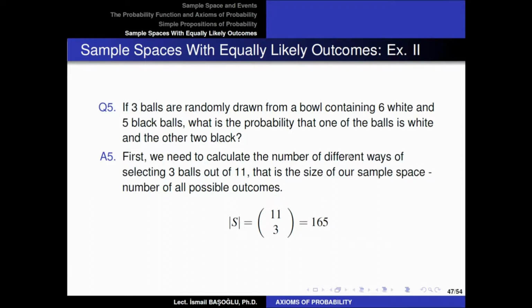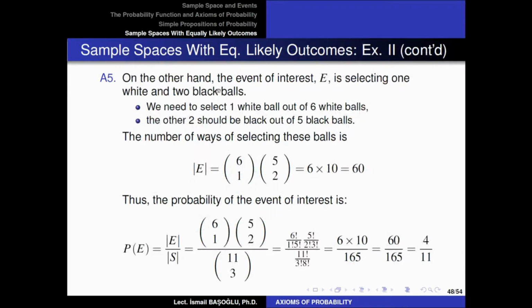Now, let's focus on the event of interest. The event of interest is selecting 1 white and 2 black balls. Now, in the event of interest E, we need to select 1 white ball out of 6 white balls in the bowl, and the other 2 should be black out of 5 black balls. Now, in how many different ways can we select these balls in this event?